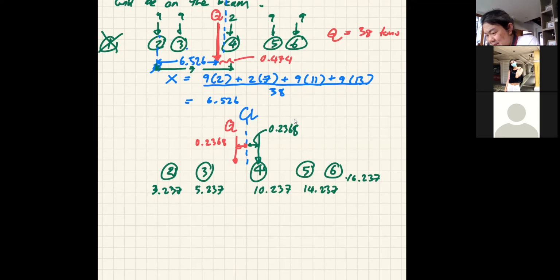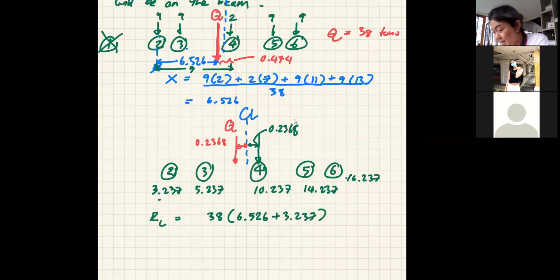Again, to calculate the reaction, you can easily use the Q, right? But don't forget that you have to add this. So reaction on the right is going to be equal to 38 multiplied by 6.526, that is the distance from the Q to load number 2, so we add 0.237 more.